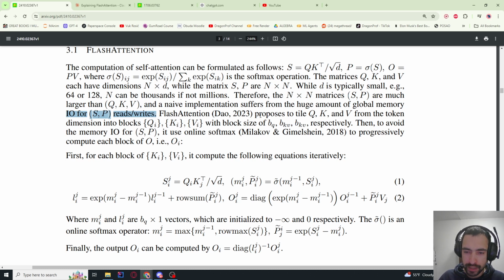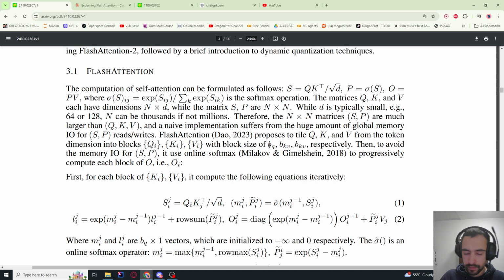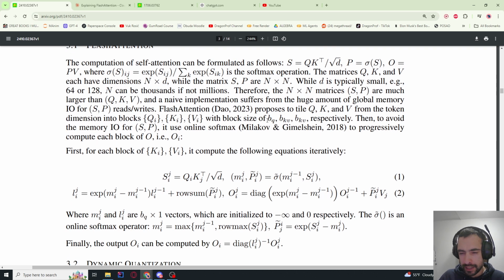FlashAttention proposes a new method where they split query, key, and value into blocks, and they call them Qi, Ki, and Vi, and they have sizes of Bq. So the size of the block of the query matrix is Bq.